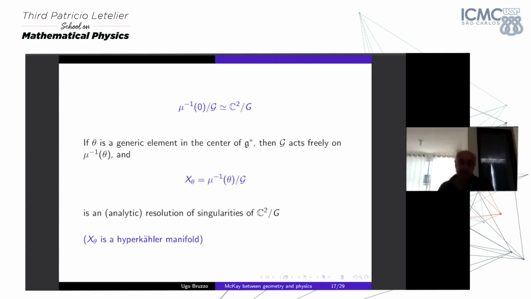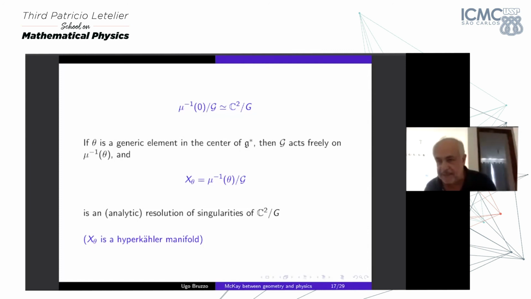And then if you take the quotient, you get something which is smooth. And indeed, you can prove that you get a resolution of singularities of C2 mod G. Clearly, we get the resolution of singularities in the category of complex manifolds, right? Because here everything is complex analytic, not algebraic, I mean.